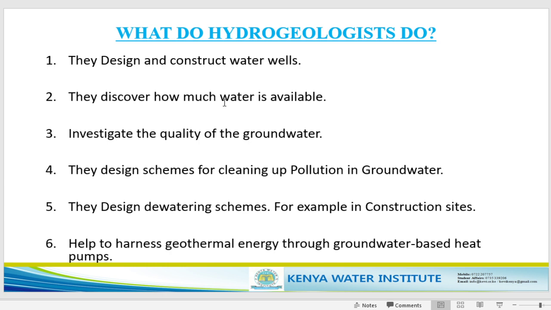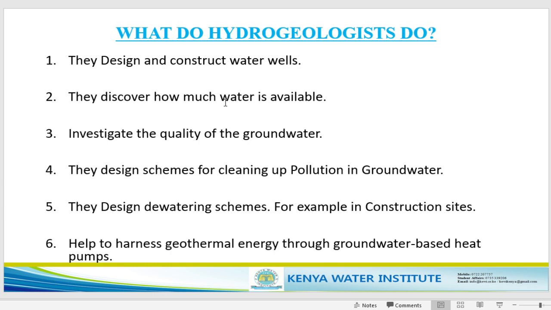So these hydrogeologists will come up with a design to dewater the site, to remove the excess water, to make sure that the water has been cleared for easy construction, for easy mining, or for any other purpose in the site. So they will come up with that design because that is their expertise.